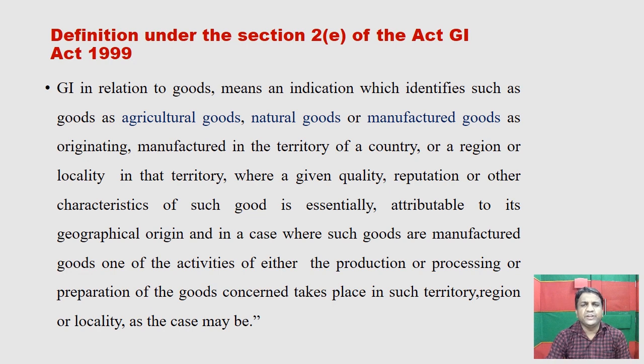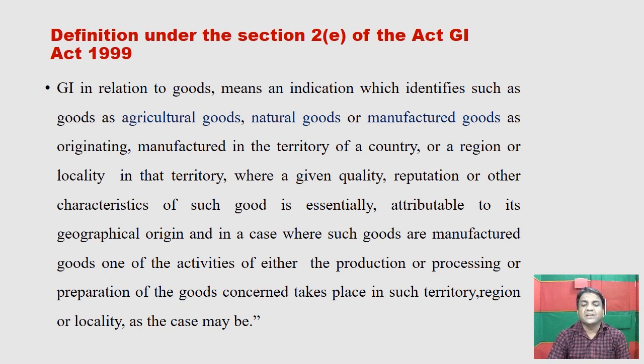Definition under Section 2(e) of the GI Act 1999. Geographical indication, in relation to goods, means an indication which identifies such goods as agricultural goods, natural goods, or manufactured goods as originating, or manufactured in the territory of a country or a region or a locality in that territory, where a given quality, reputation, or other characteristic of the goods is essentially attributable to its geographical origin.